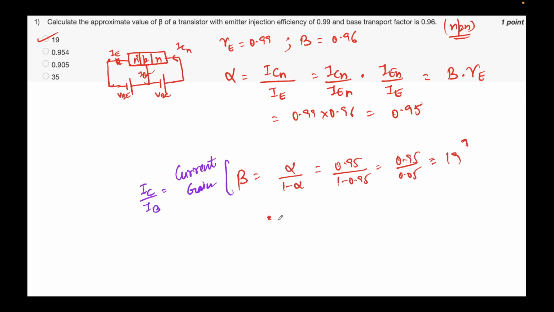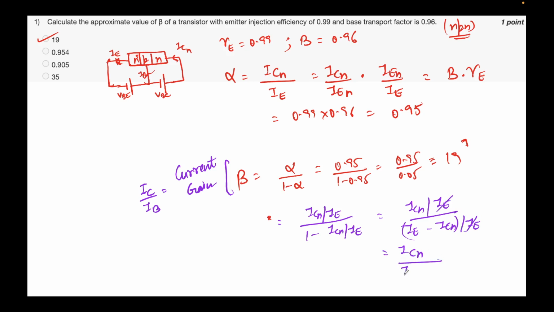So beta was alpha divided by 1 minus alpha. So this will be ICN over IE divided by IE minus ICN over IE. IE gets cancelled. What we are left with is ICN divided by IE minus ICN.